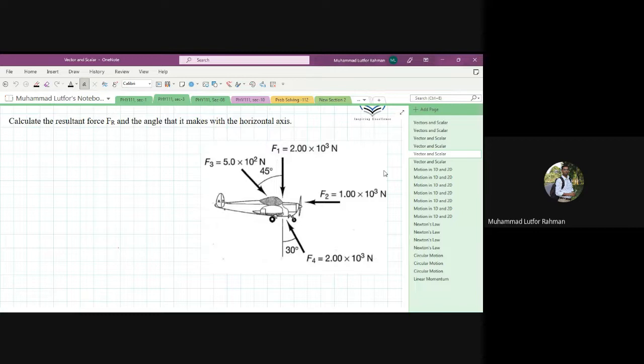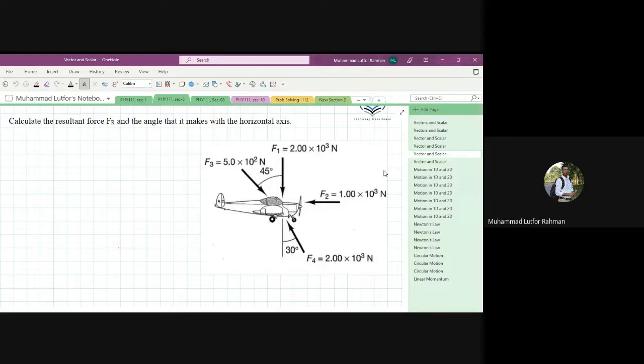Now I want to find out the resultant force on that plane when it is landing. So landing is basically descending its height, right? Right. Yes, sir. That's great.